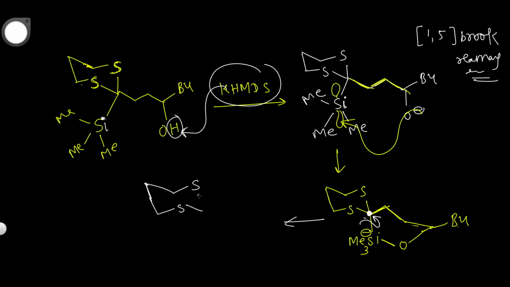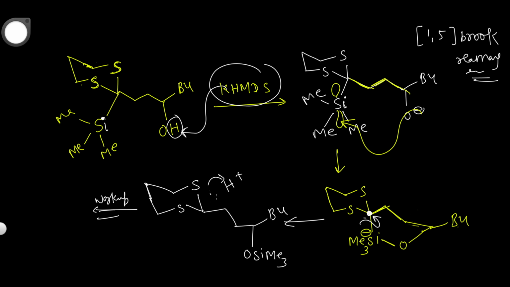Here is a sulfur, and you have a negative charge here. Okay, wait, because this bond is already broken, so O-SiMe3, and here is a Bu. Okay, fine. Now, because we do the workup in the last step, this negative charge will take a proton, and it will become like this.